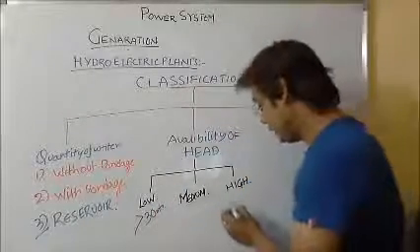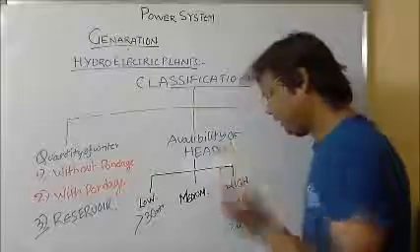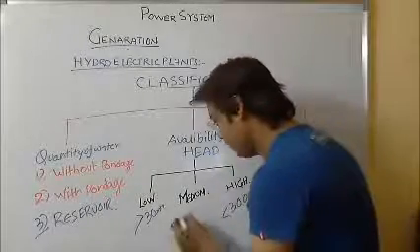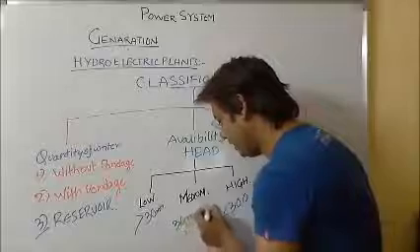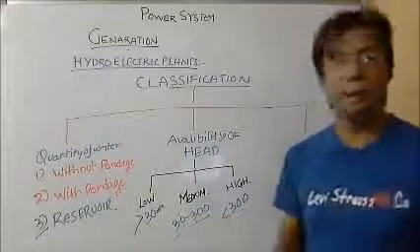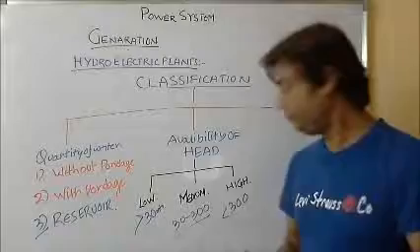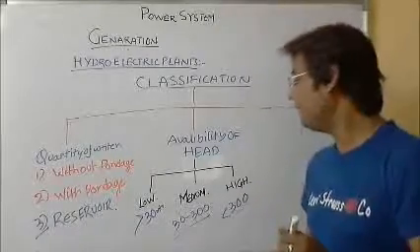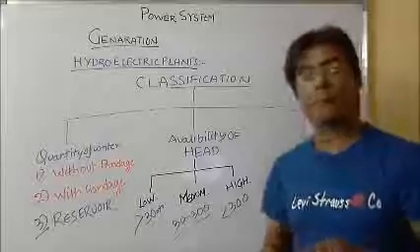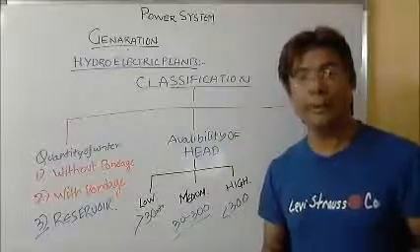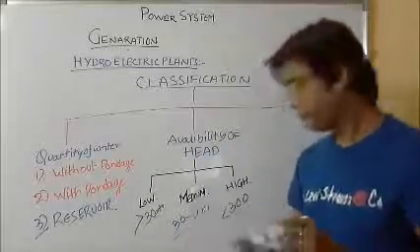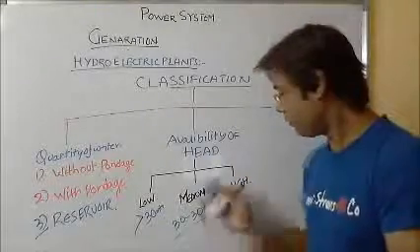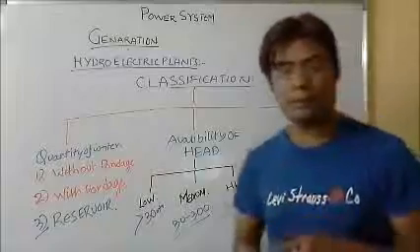When it is greater than 300 meters, it is called a high head plant, and medium head plants are normally considered at 30 to 300 meters. So this is the classification on the basis of head: low, medium and high. Apart from that, I can have some more discussion about this after a short while.